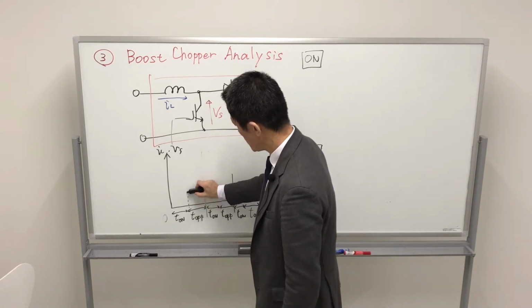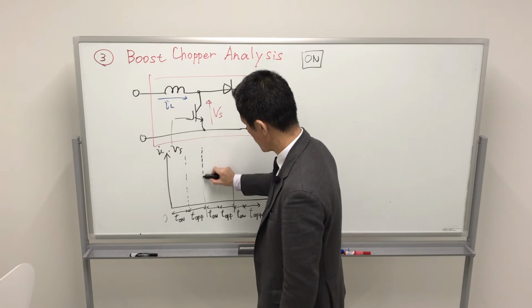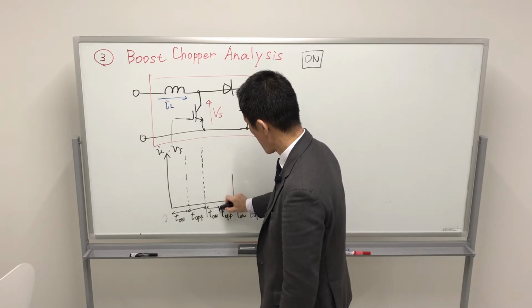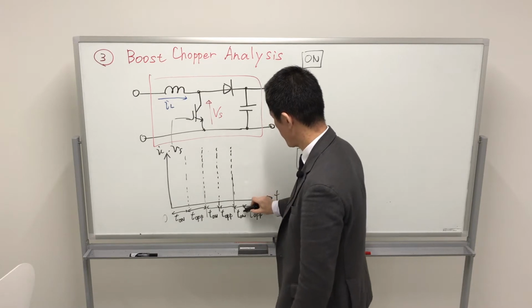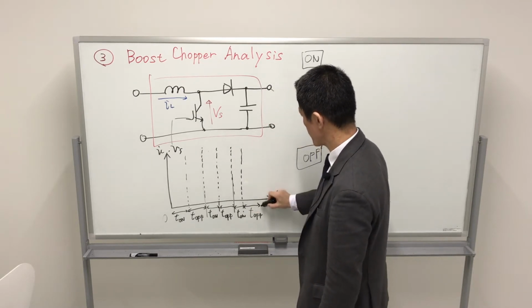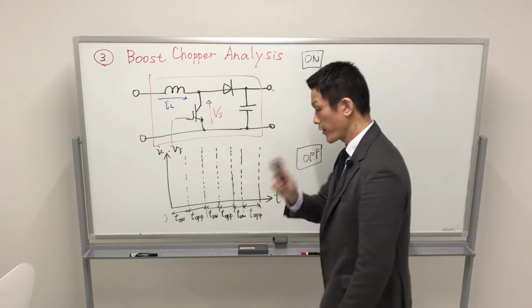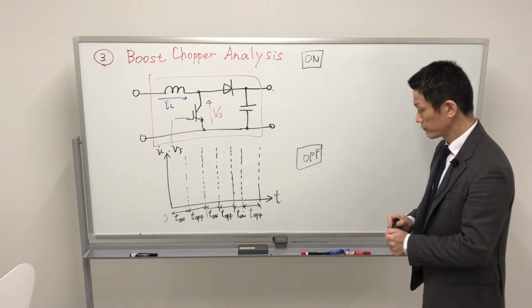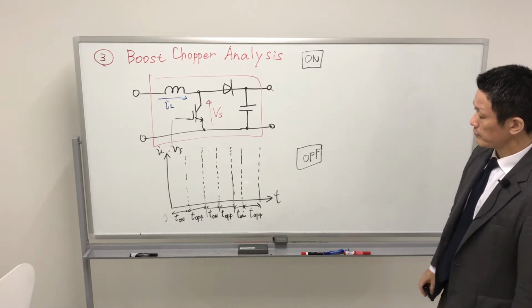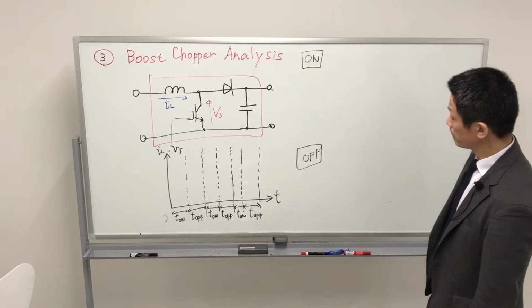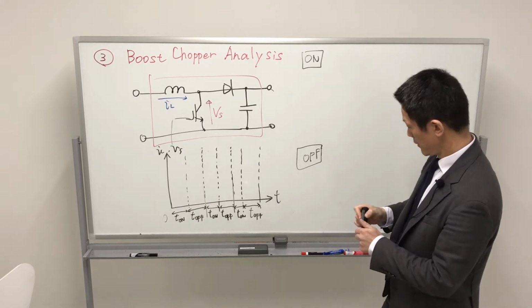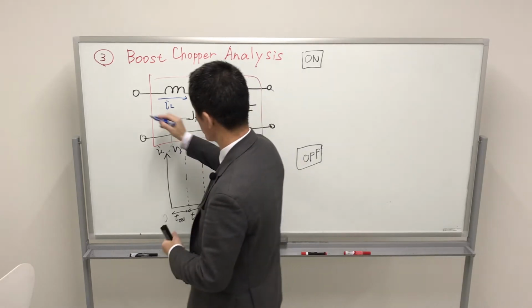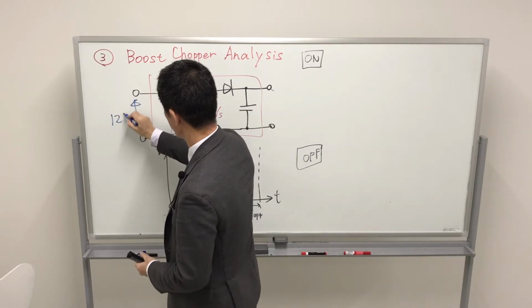In this timing, how about the IL and Vs? Please indicate, and more. And this one is the input, 12 volt.